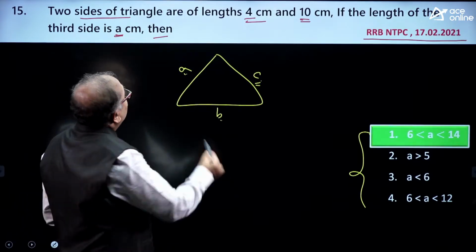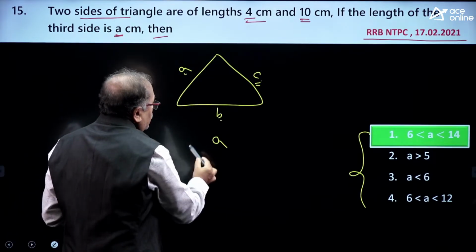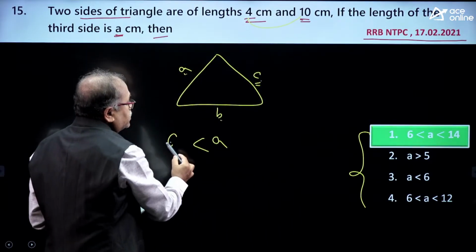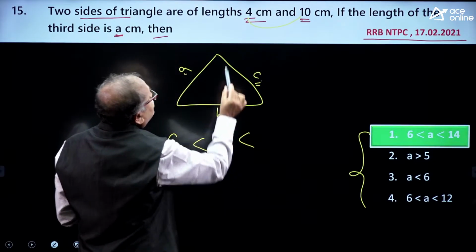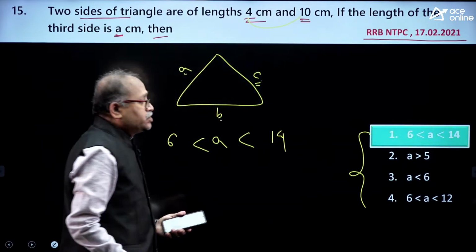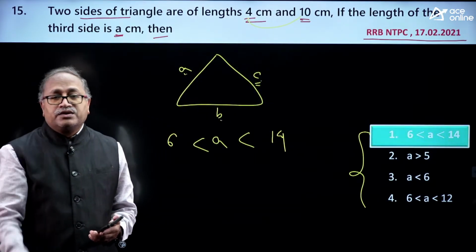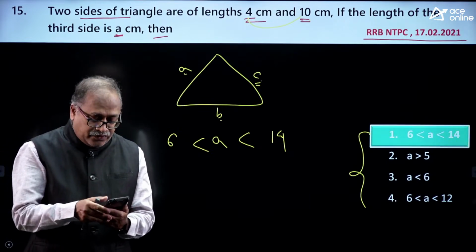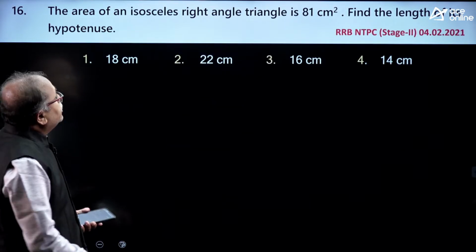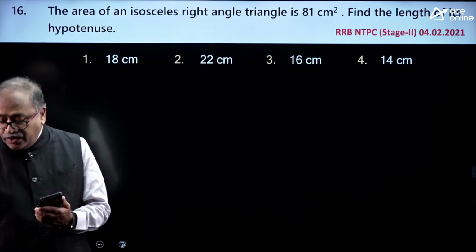So, what will be the A value? A value has to be greater than the difference of 4 and 10, which is 6, and it must be less than the sum of the two values, that is 14. So, your option 1 is right. Well done. Now, I am going for the next question over here, question number 16.